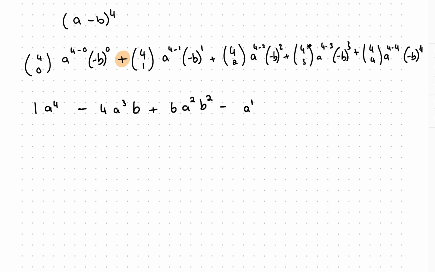And I forgot here 4 choose 3, which is 4. So a to the 1, and it's b cubed. So that minus came from here, and then 4 choose 4, which is 1. A to the 4 minus 4 is a to the 0. Any number to the power of 0 is 1, minus b to the 4. If this is even, that is positive, so b to the 4.